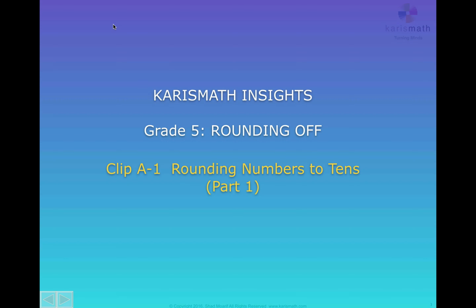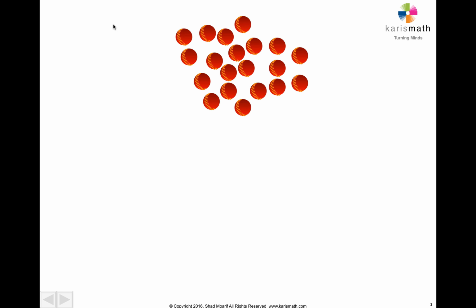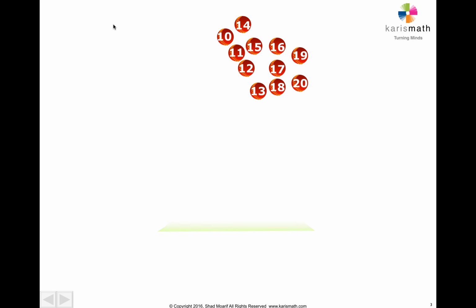So you say it was around 30 minutes. This thing about rounding off, where you say it was around so much, that's what we're learning to do here. So here are 20 cricket balls, and we don't worry about the first 10. We start with 10. So here's a mountain, that's the peak. These are the two slopes, and this is the bottom of the mountain.